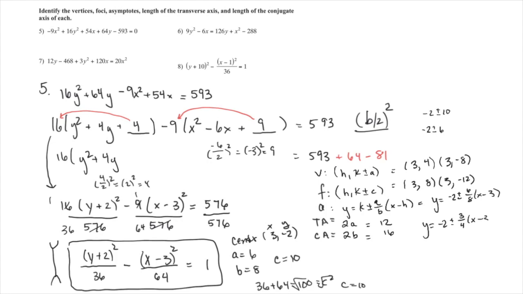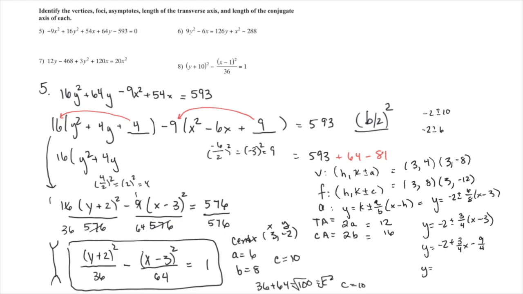x minus 3. So I'm going to distribute this and see if I can collect some like terms. So y equals -2, we'll do the plus first, plus 3/4 x minus 9/4. So I have 2 like terms: I have -2 and I have -9/4. I'm going to convert the 2 into fourths and bring them together.